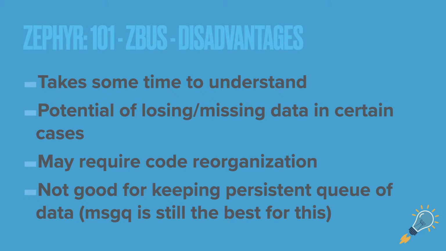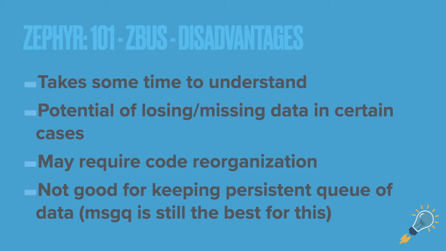The one downside is that in certain cases, if you use a particular type of observer, and we'll get into that in a second, there is a potential of losing or missing data, because essentially it gets overwritten. You might have to reorganize your code, depending on whether you're starting from scratch or integrating it into an existing application.